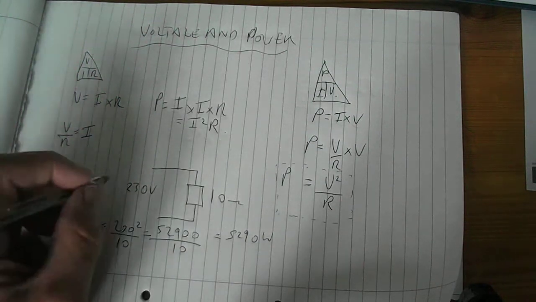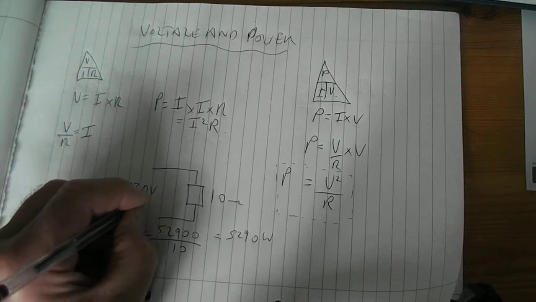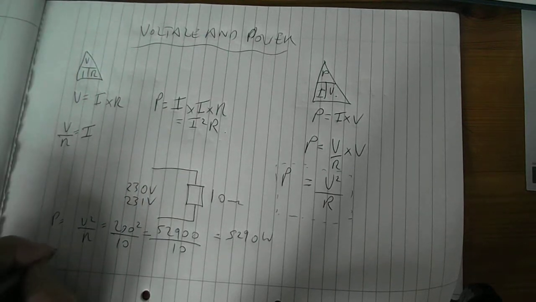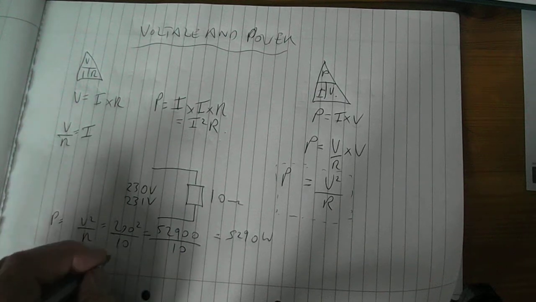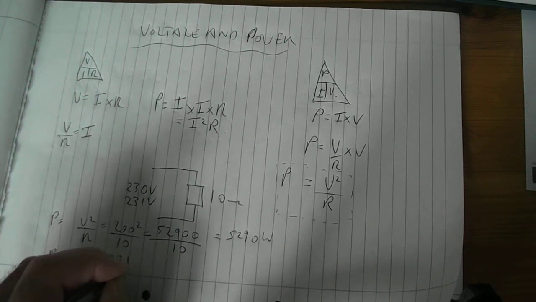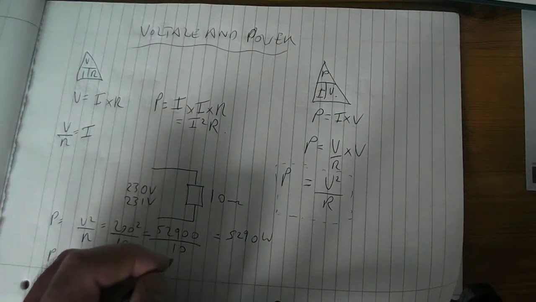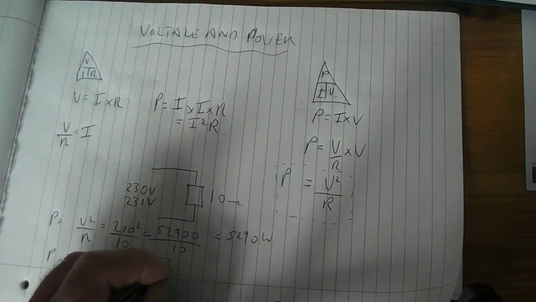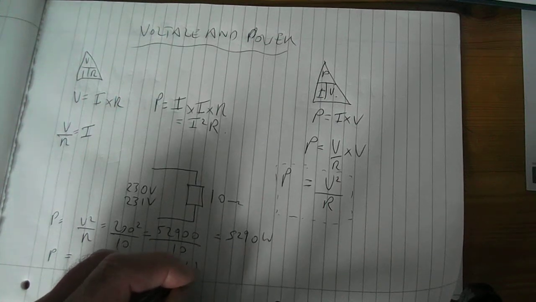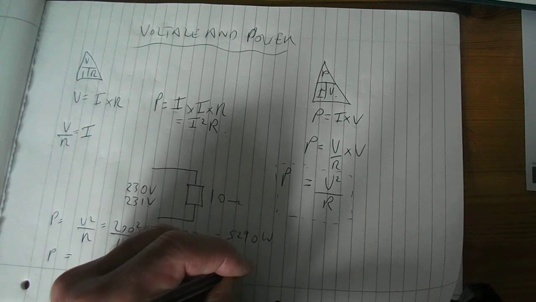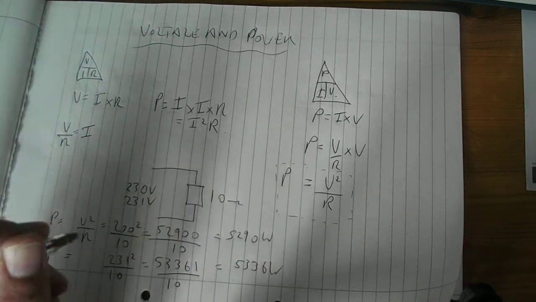Now, if I just increase that voltage by 1 volt, say to 231 volts, our new power is the same, but this time it's 231 squared divided by 10, and that becomes 53361 divided by 10, which is 5,336 watts.